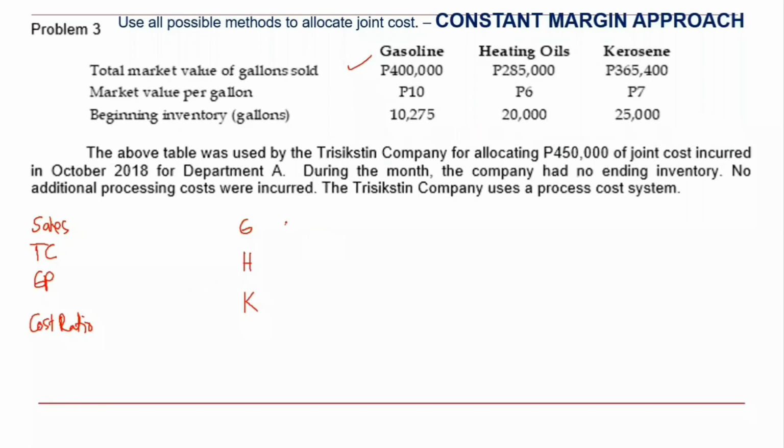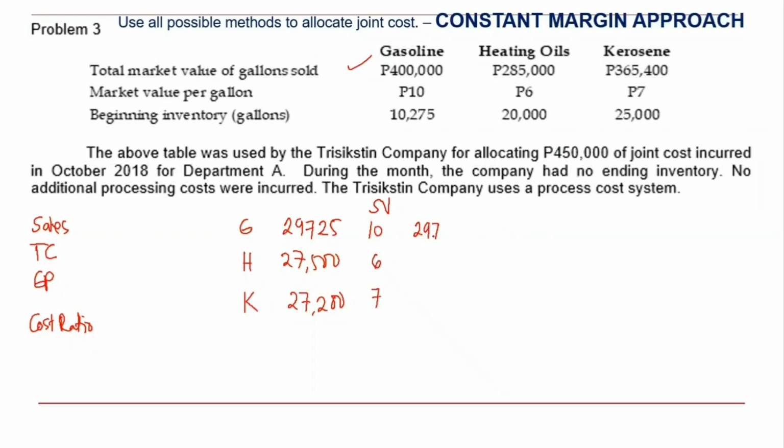Okay, ilang units to? 29,725. It's 27,500. It's 27,200. Okay, so sales value daw po ang gagamitin natin. Kunin muna natin sales value niyan. So that would be 10, 6, and 7.